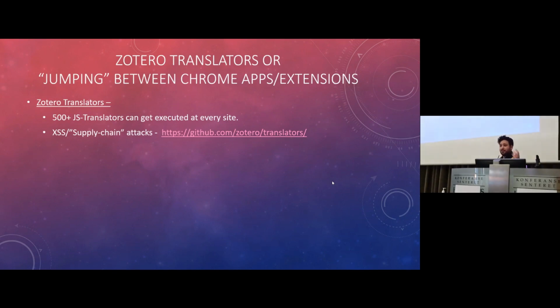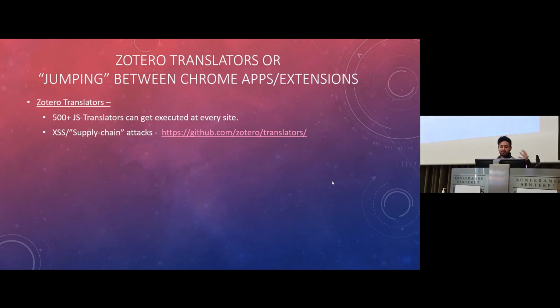And voila, there come these translators. These translators are actually tiny JavaScripts, well, not that tiny, that extract data from the current website in order to help you cite it and reference the site much more easily.